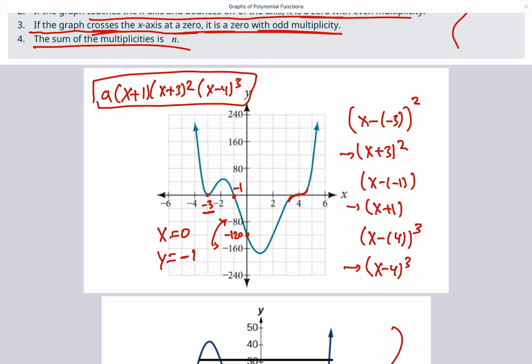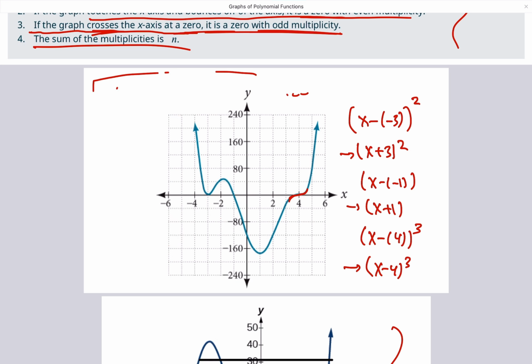Yeah, so this is -120. So when x equals 0, you plug this in. You plug in 0. You place this equal to -120. And then you find a. If you don't know how to solve this, you can ask me later, okay? But this is how you solve a. You plug in 0 for x. You do the math. You find a. That's it. Okay.